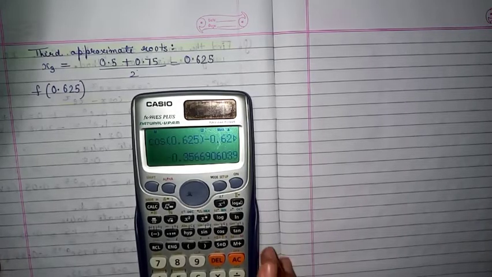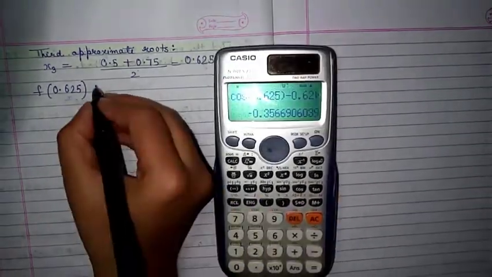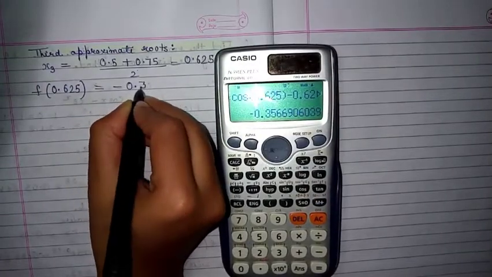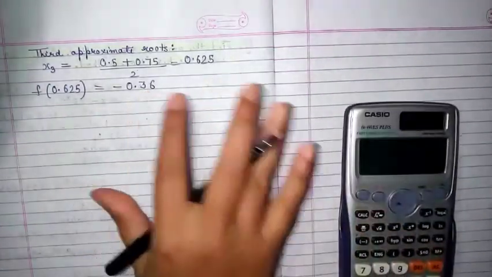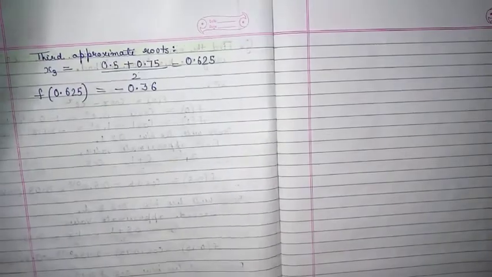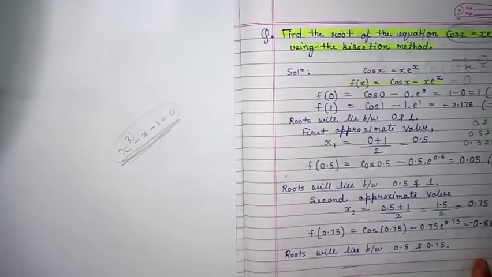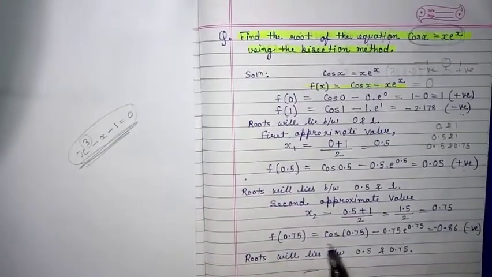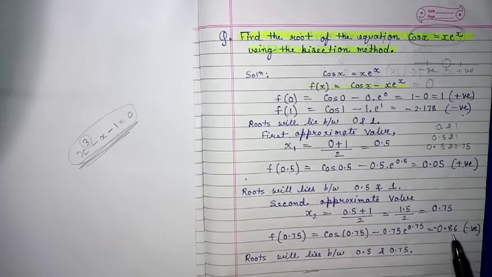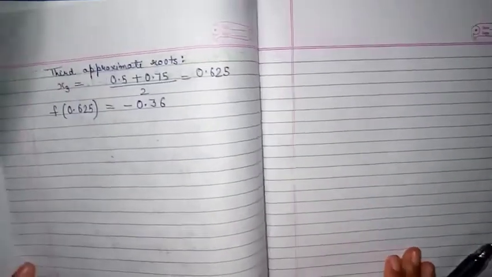This answer is approximately minus 0.36, so this value is negative. Now earlier, at 0.75 my value is negative, and again at 0.625 we have got a negative value.